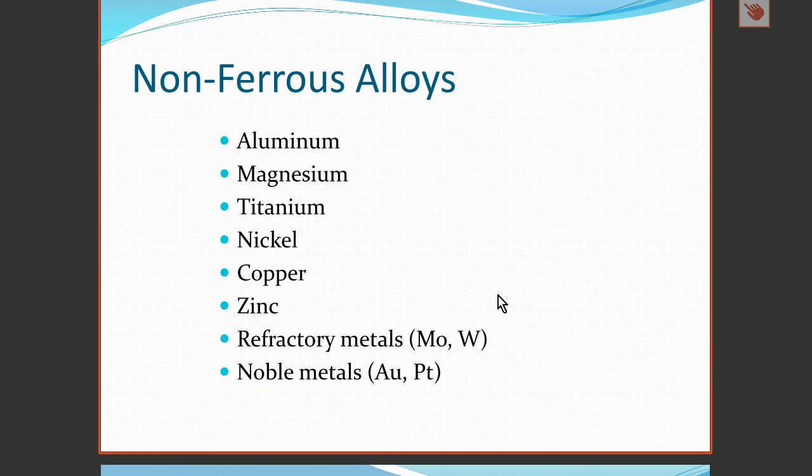The non-ferrous alloys that we're going to look at today, or in this learning unit, concern aluminum, magnesium, titanium, nickel, copper, zinc, and refractory metals such as molybdenum and tungsten, and noble metals, here gold and platinum.